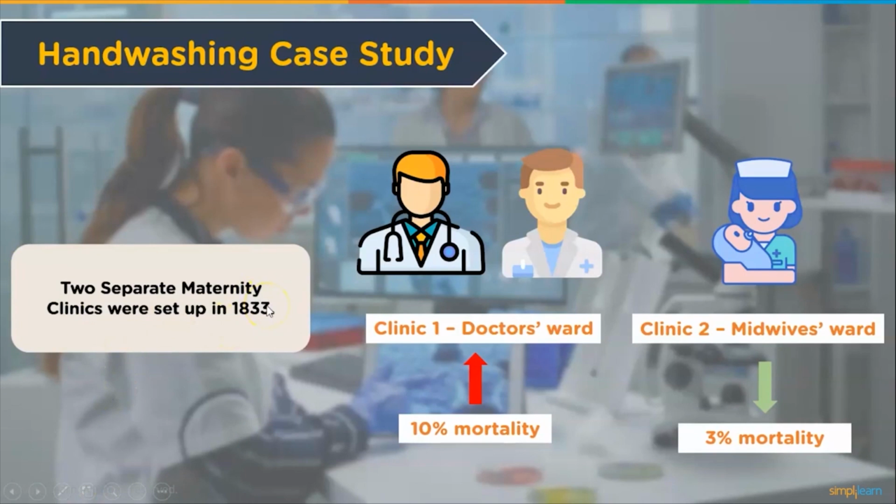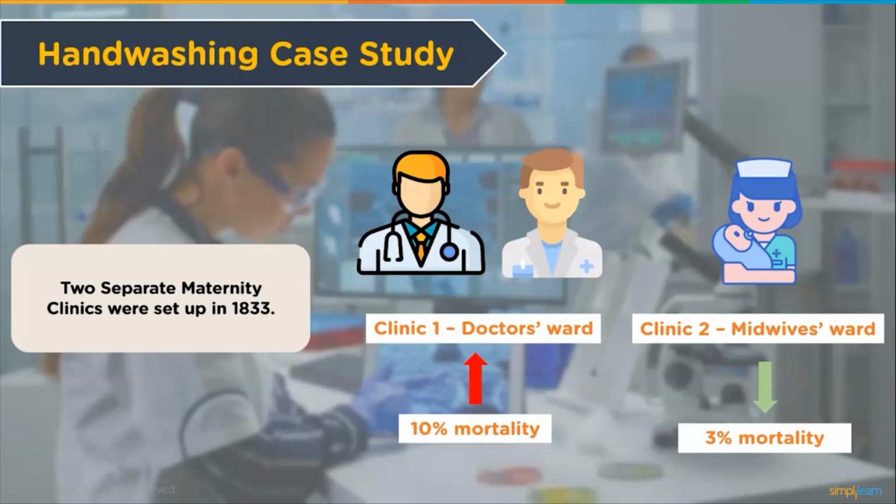Now, until 1840, both clinics were used for teaching and training medical students and midwives. So midwives are people who help mothers deliver babies and take care of newborns after childbirth. So after 1840, the physicians, that included doctors and medical students, used to operate in Clinic 1, and only midwives used to operate in Clinic 2.